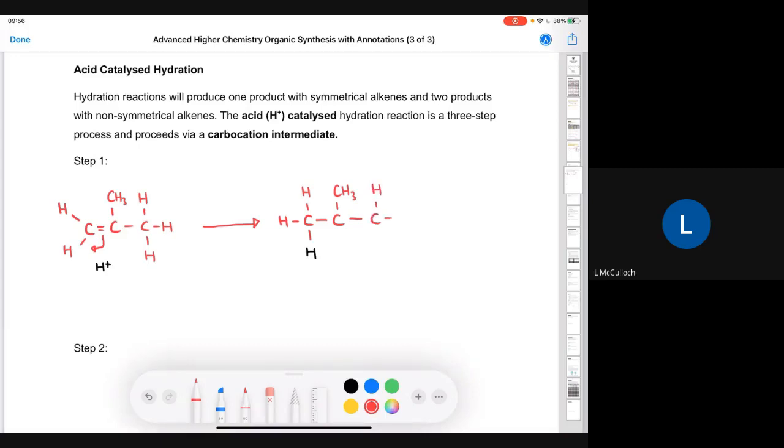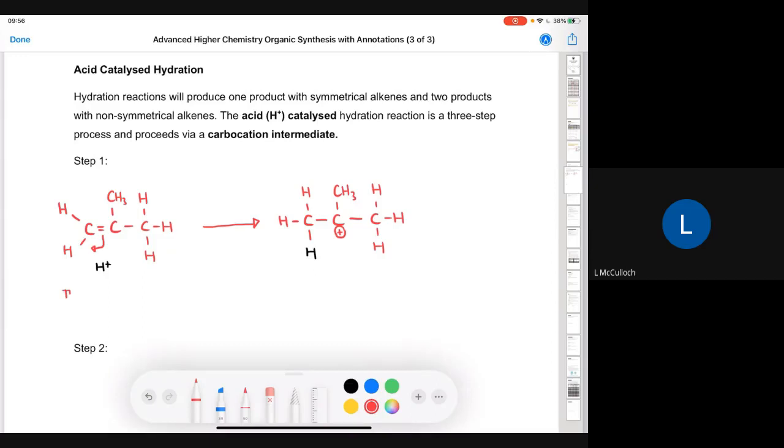And our carbon in the middle has lost the electron that it donated to the carbon-to-carbon double bond. So it's now positively charged because it's one electron short. Okay, so I'm just going to put a wee explanation underneath.